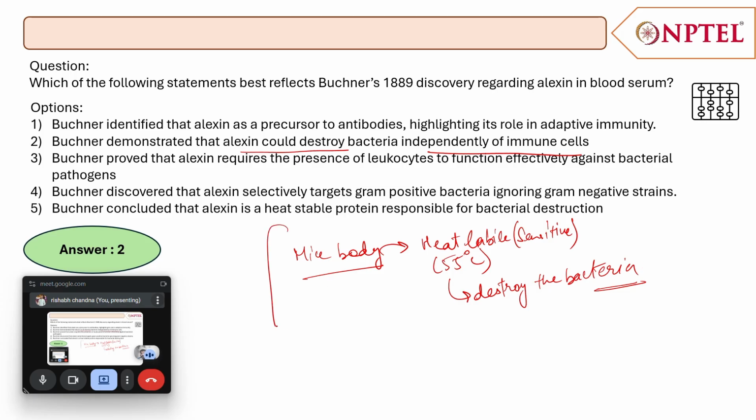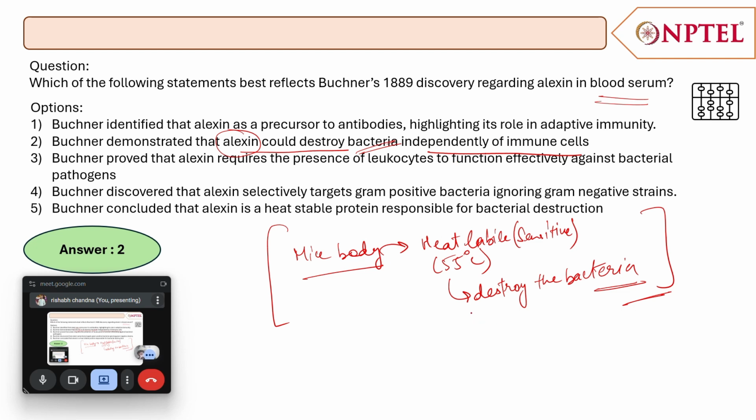So this was the major finding from Buchner in 1889, that there is a compound called alexin present in the blood serum, which is heat sensitive and can easily destroy the bacteria independently of the immune cells.